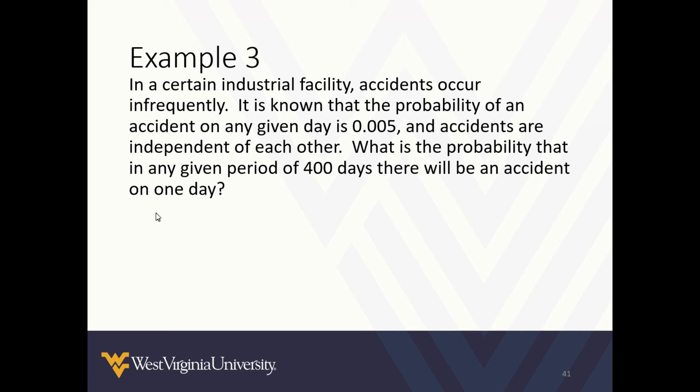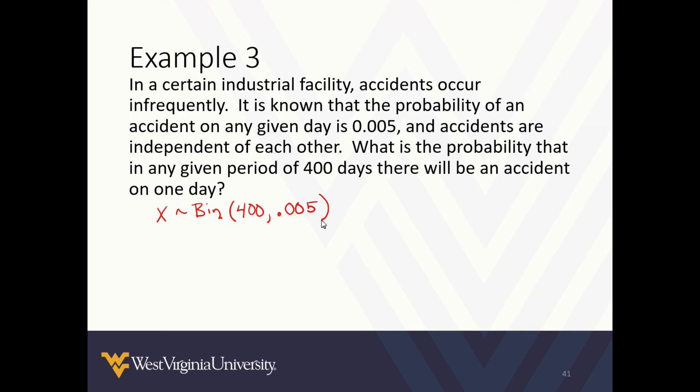Okay, so clearly x follows the binomial distribution with n being 400 and our probability of success being 0.005. But this does align with the situation I talked about on the previous slide with a small p and a large n.